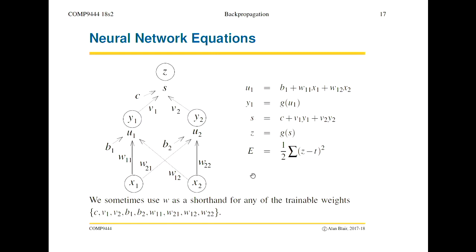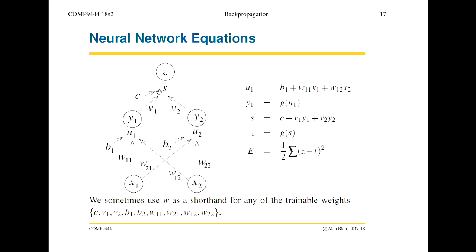If you go back to your high school calculus, the derivative of E with respect to Z is 2 times Z minus T, but then the half cancels out the 2, so it's just Z minus T. Then I can differentiate Z with respect to S. And the derivative of S with respect to V1 is Y1, and the derivative of S with respect to Y1 is V1.